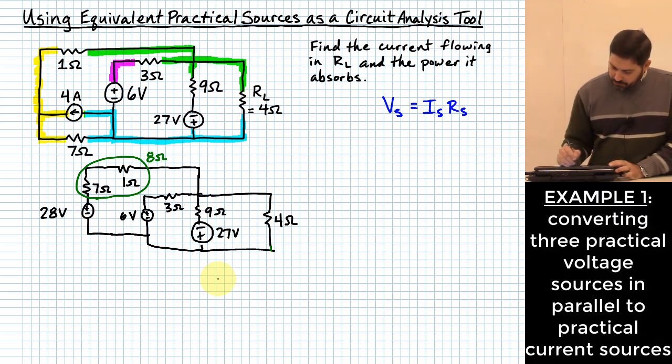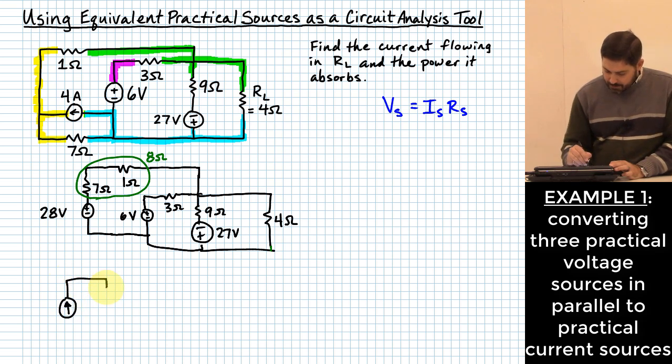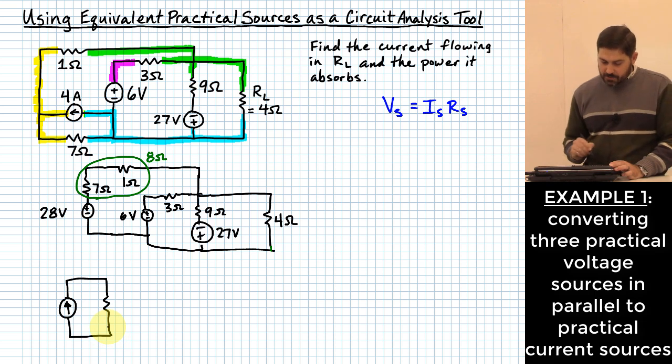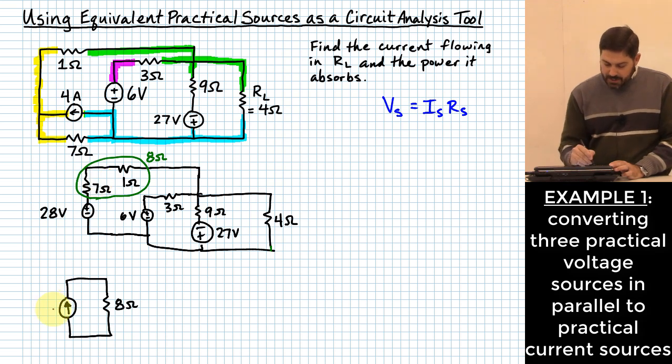Well, a practical current source looks like this, where we've got an ideal current source in parallel with a resistor. I just said this one was an 8 ohm resistor, the one on the far left. What do I need to put for my current?